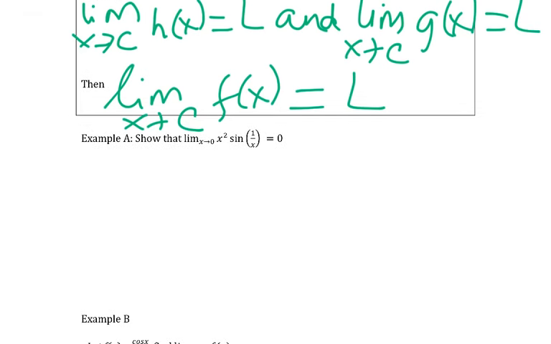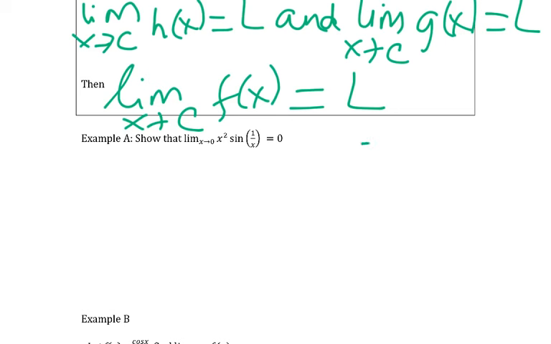Alright, let's do some examples to see how we use this theorem to find the limit of a trig function when it oscillates or is difficult to find the limit at a certain point. For example A, we have the limit as x approaches 0 of x squared times sine of 1 over x. We want to prove that the limit as x approaches 0 is 0.